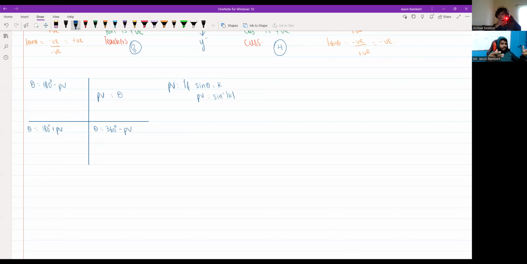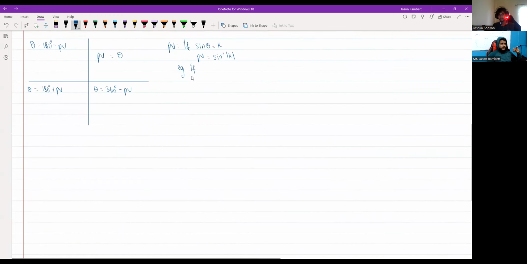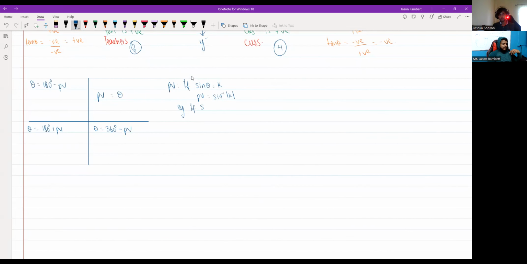So if k is a negative number, the principal value is going to be sine inverse of k, where k is positive. If I give you an example, I'll use the same one from above: sine theta is a half. If sine theta is equal to a half, my principal value is going to be sine inverse of a half.